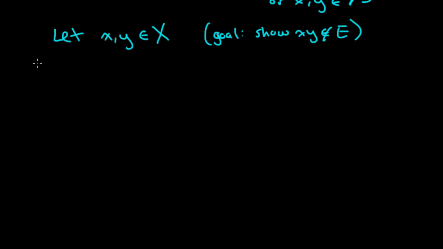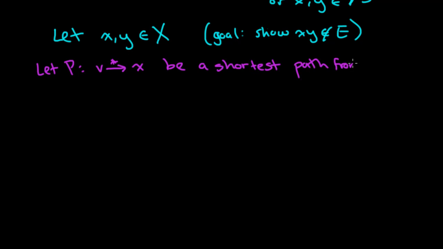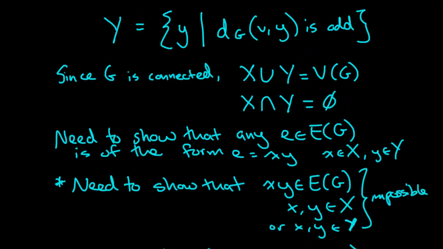What we do is we let P from V to X be a shortest path from V to X. So V was our original vertex that we chose.